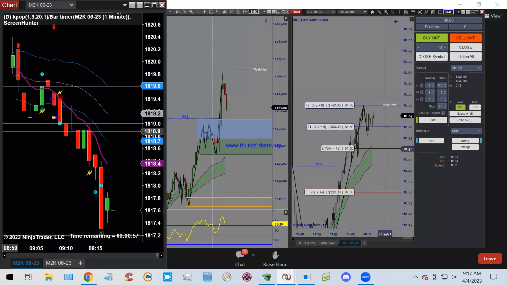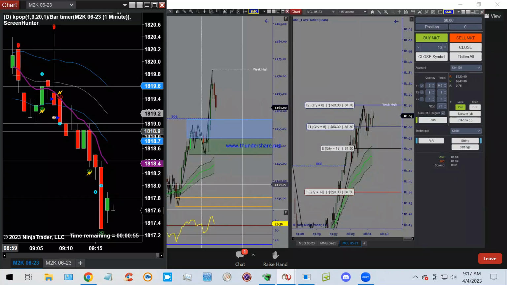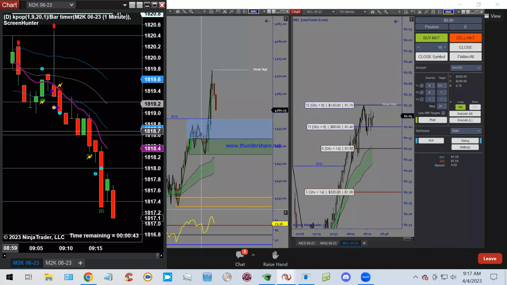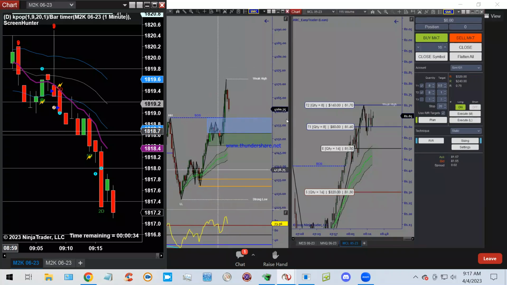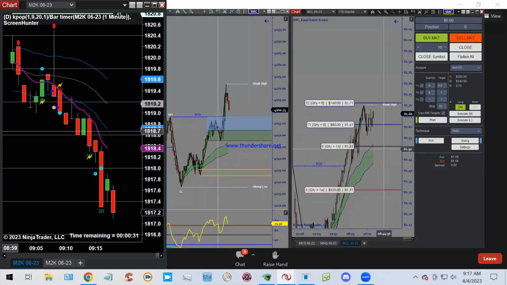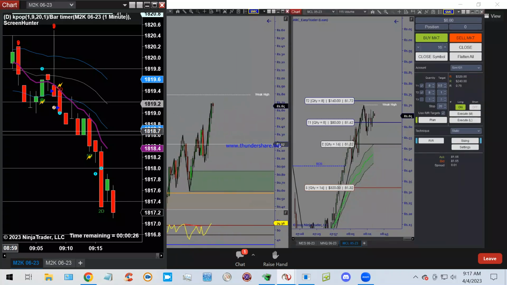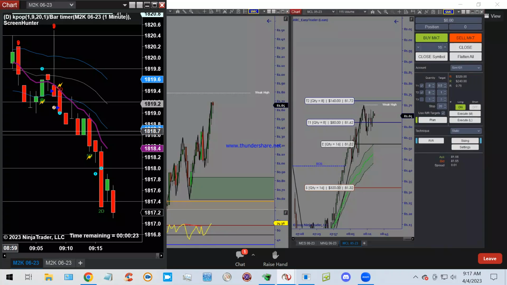Let's give us a pullback. Crude still pushing up.